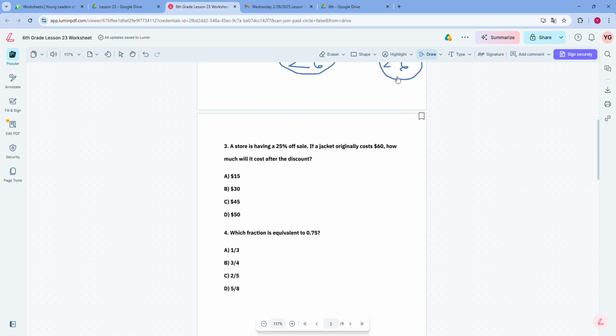So yeah, a store is having a 25% off sale. So 25%, you can put that as a fraction by doing 25 over 100. And if a jacket originally costs $60, how much will it cost after the discount? Here, 60 is going to be your original price, because 60 is 100% of the original price of the jacket.